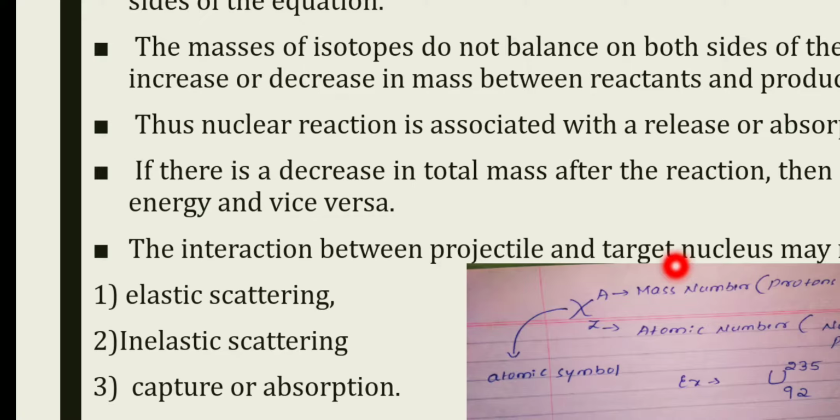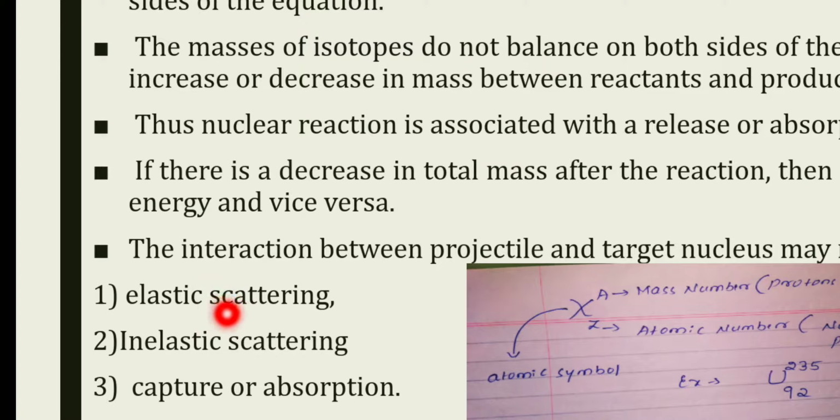Isotopic composition means it has the same number of protons but a different number of neutrons. The composition stays the same, but the projectile neutron undergoes a change in its direction of motion. Then this process is called a scattering process. In scattering there are only two types: elastic scattering and inelastic scattering.